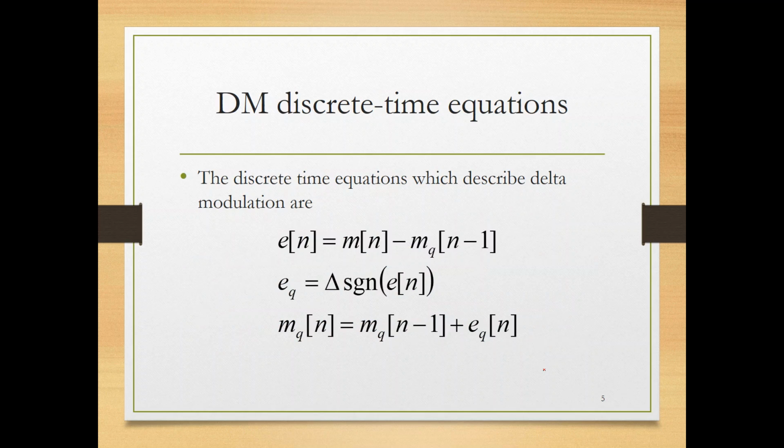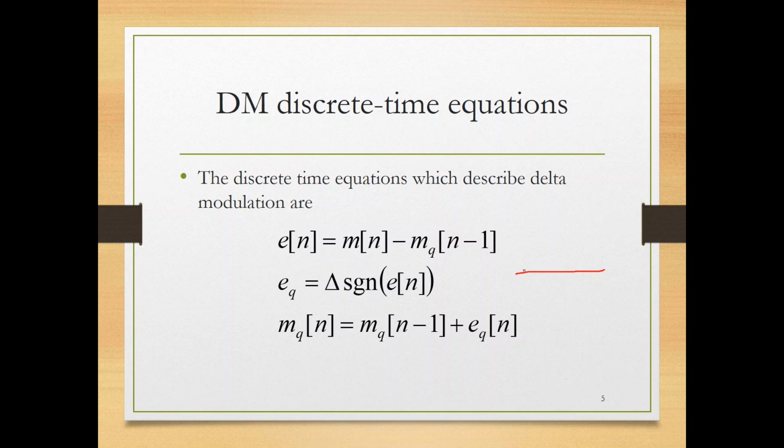The discrete time equation which describes delta modulation can be written as follows: e of n is equal to the value of the message signal at time n, minus the quantized value at the previous time, n minus 1, and consequently, the quantized error becomes delta multiplied by sign of e of n, where sign, everybody knows how to draw.